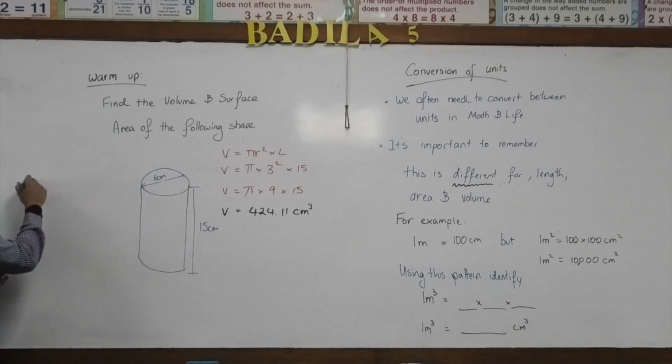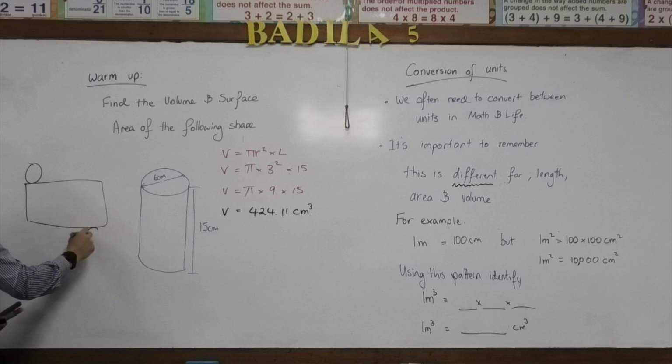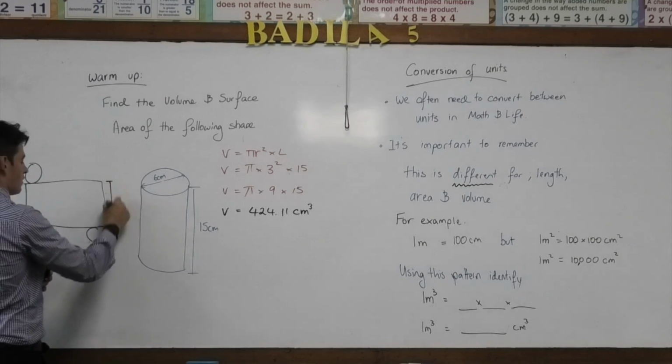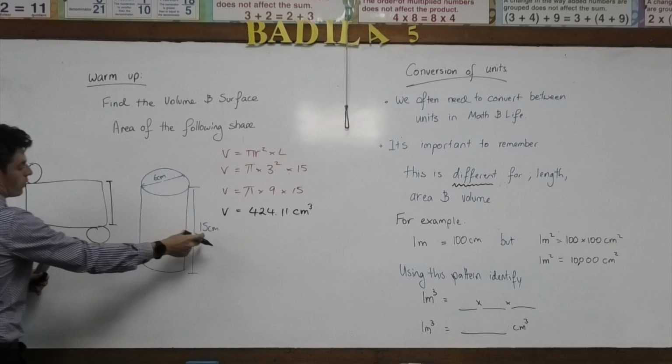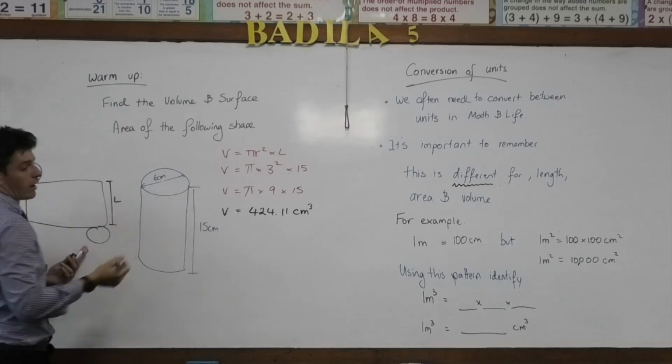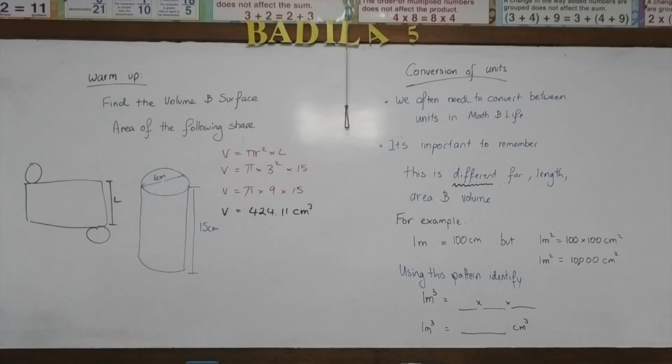So the net of the cylinder looks like this, correct? Does it matter where the circles are placed? As long as they're on opposite sides of our cylinder, correct? This side here, what does that represent on our diagram? The height, or the length of 15. I'm just going to call it L to keep it the same.